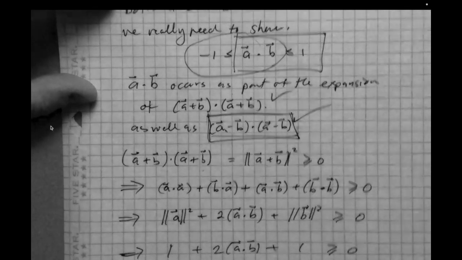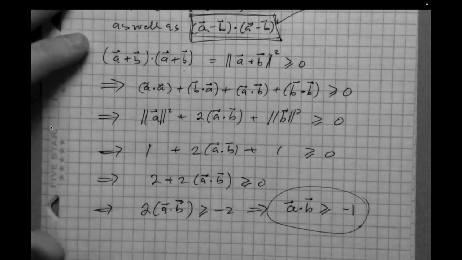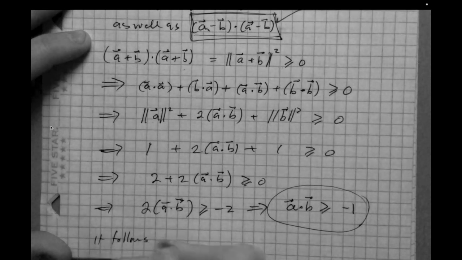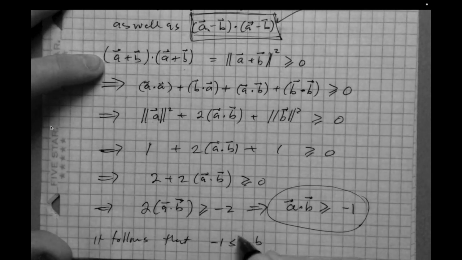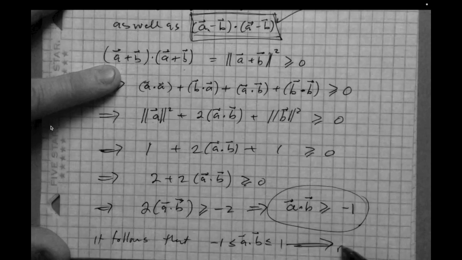Okay, and then once you have done both of those, you get this side and you get that side, and so that implies the result. And so it follows that -1 is less than or equal to a dot b, which is less than or equal to 1, which implies the result.